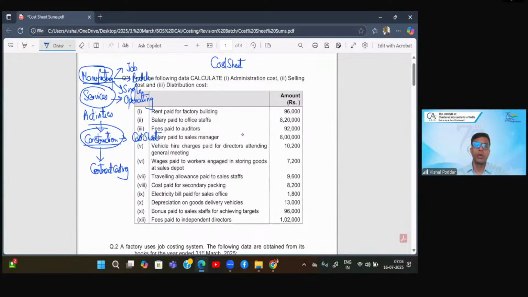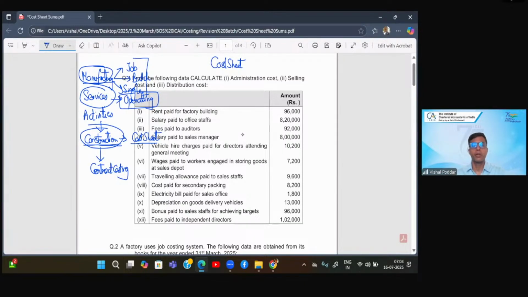Now, what we are going to cover over here is the cost sheets, which are majorly job, batch, single, or even the construction contract cost sheet. This is what we are going to cover here. Operating costing is a separate chapter, so it would be covered separately.